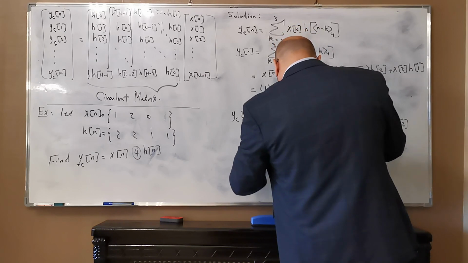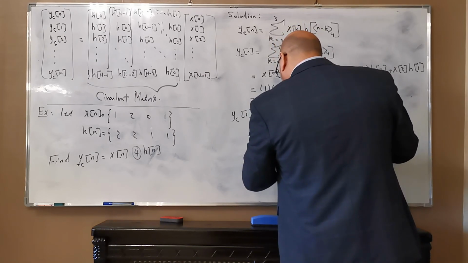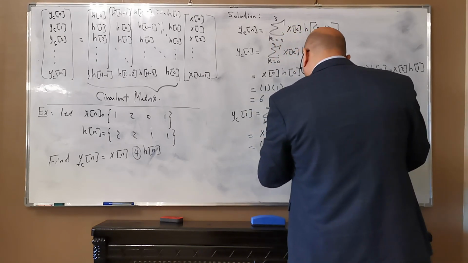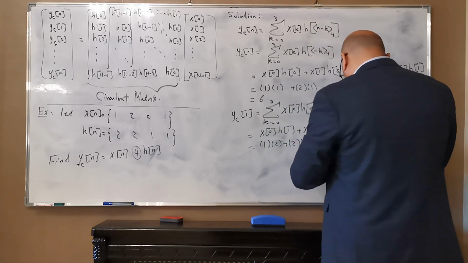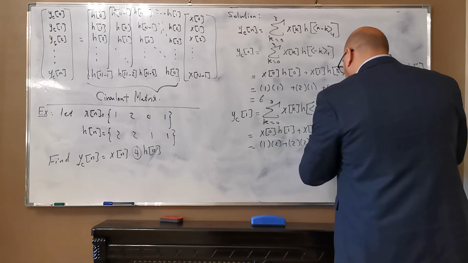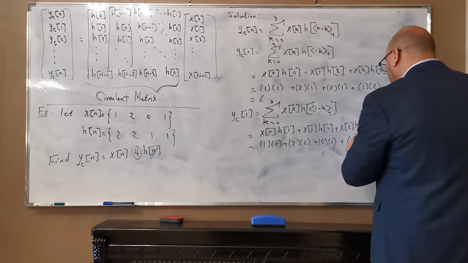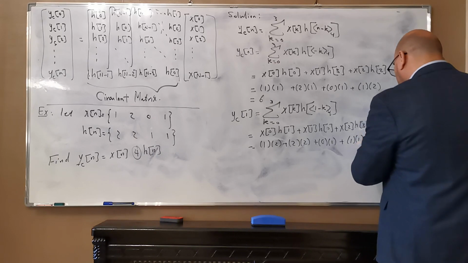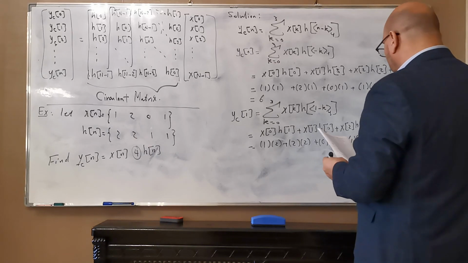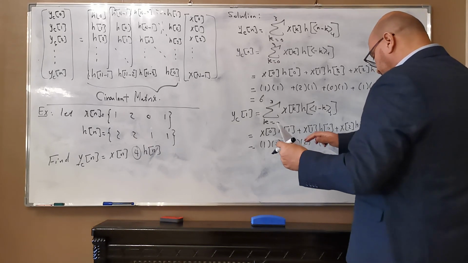And it equals 1 times 2 plus 2 times 2 plus 0 times 1 plus 1 times 1, and this equals 7.